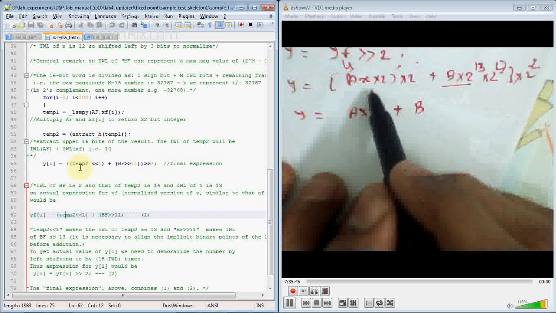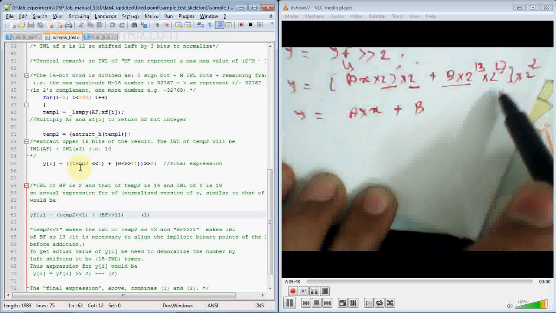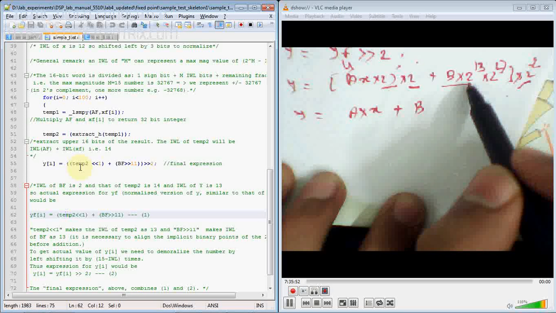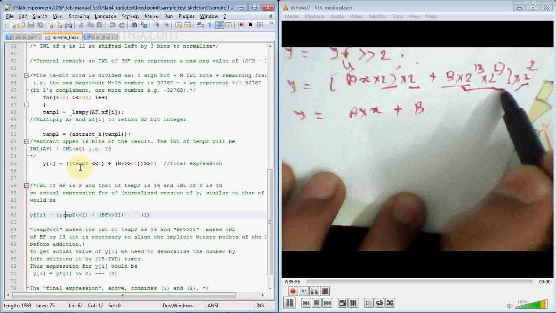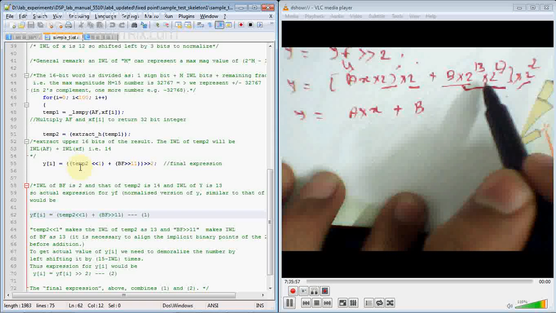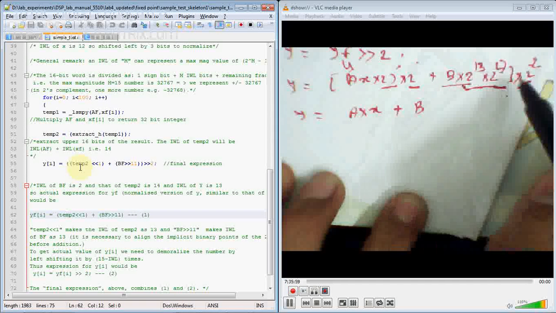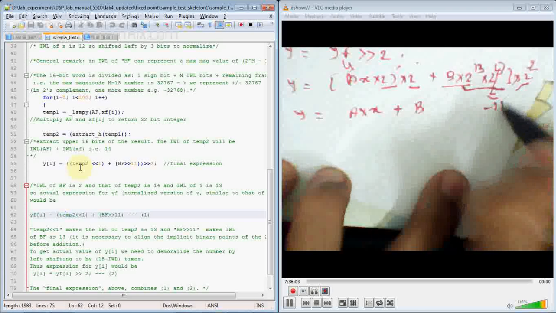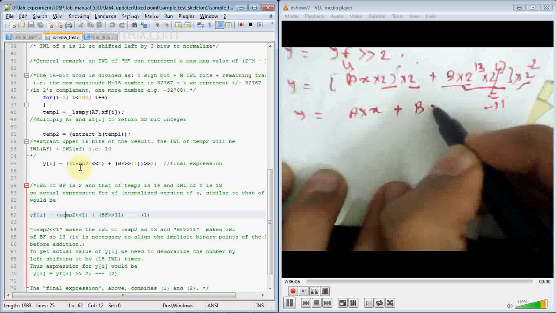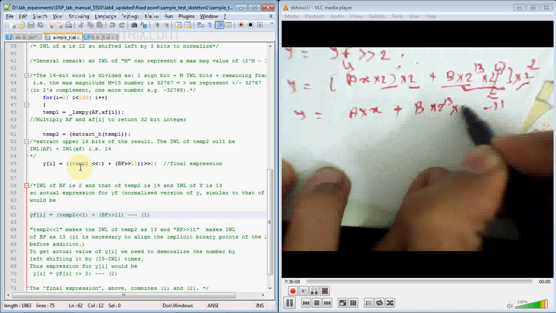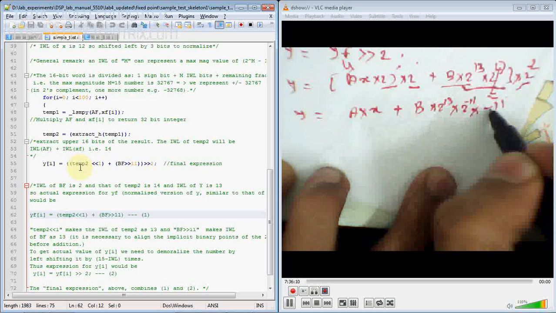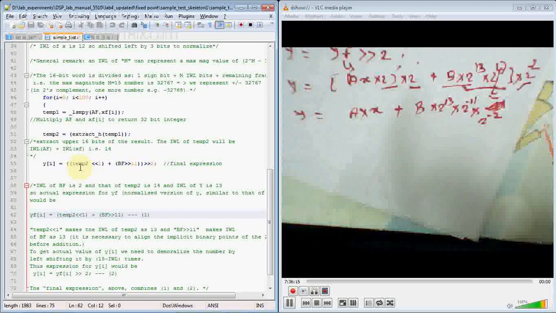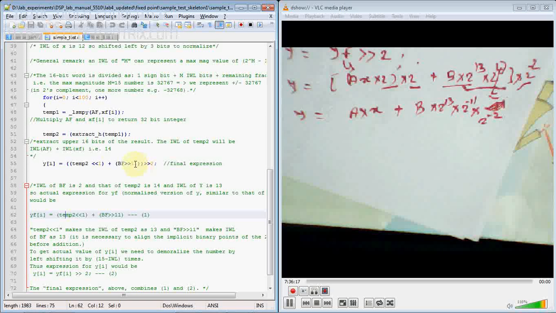Finally we want y is equal to a multiplied by x plus b. Here this 2 and this 2 will get cancelled with 2 power minus 2, and to cancel out the entire term, 2 raised to 13 multiplied by 2 raised to something multiplied by 2 raised to minus 2, the value should be minus 11.